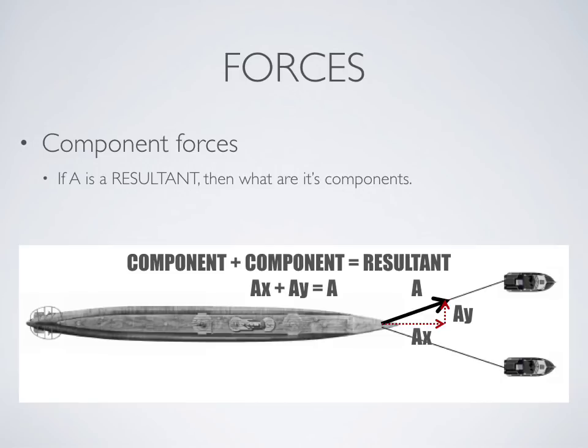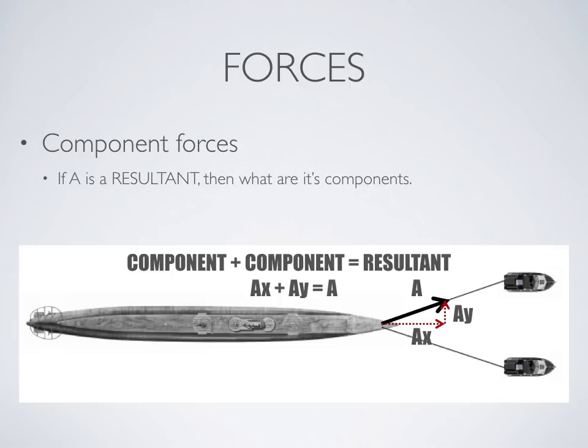So hopefully on the last slide you thought about, could we do that? If you did, hopefully you said yes. So we have A. Let's look at A only. We want to break it down into two components. What about that right triangle? Then what we end up with is AX and AY. So AX is the force component that moves from the beginning of A to the right only in the x-axis.